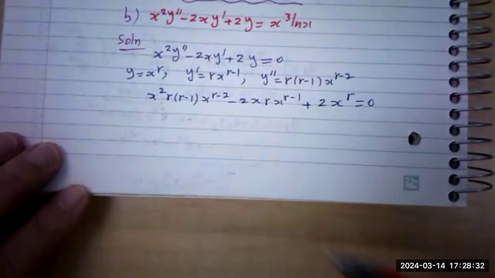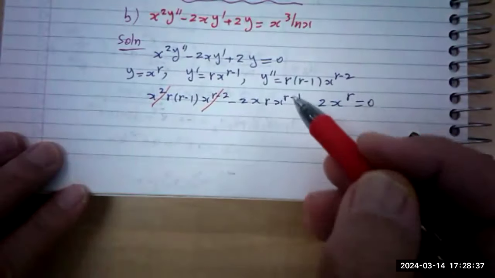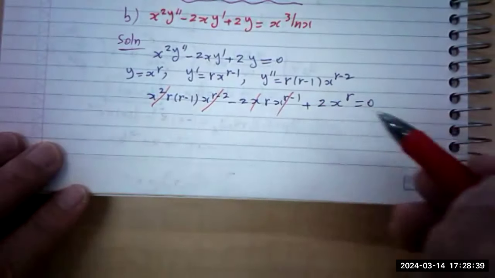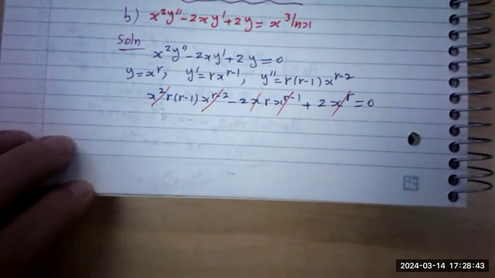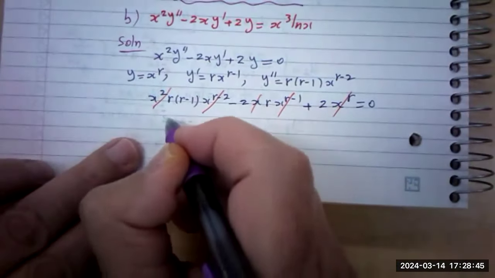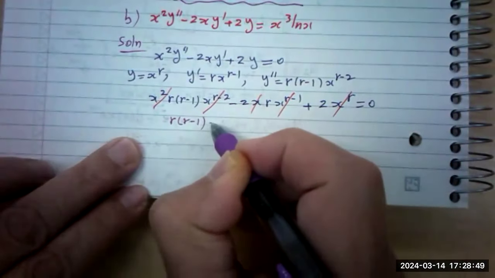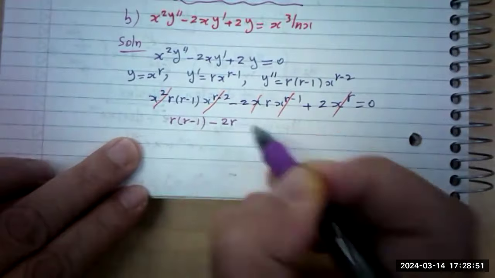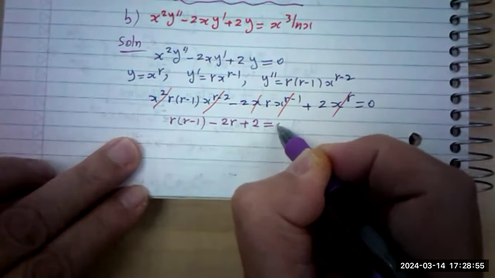Cancel out all the x's, because all of them would be x to the r. What's going to be the leftover? The leftover is r times (r minus 1), minus 2r, and plus 2, equal to 0.